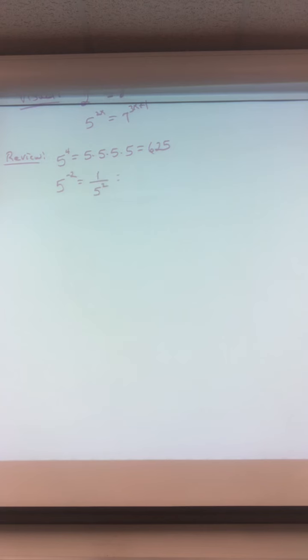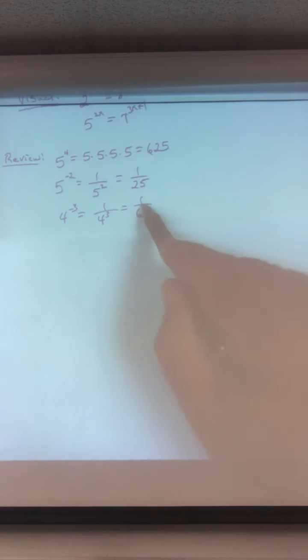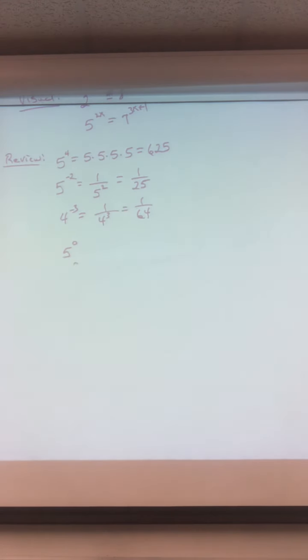It flips your answer. So if you have a negative exponent, it flips the base, and then it becomes a positive exponent. So if I want to do 4 to the negative 3, that negative 3 exponent flips it, and then 4 times 4 times 4 is 64. So it doesn't make the answer negative, it flips it.